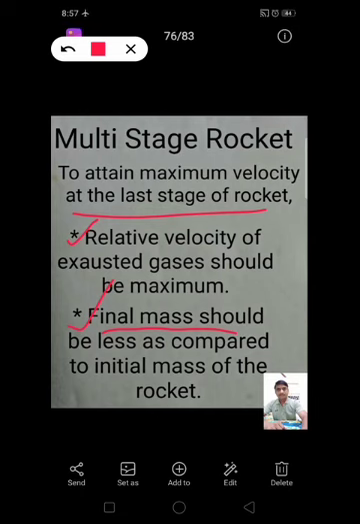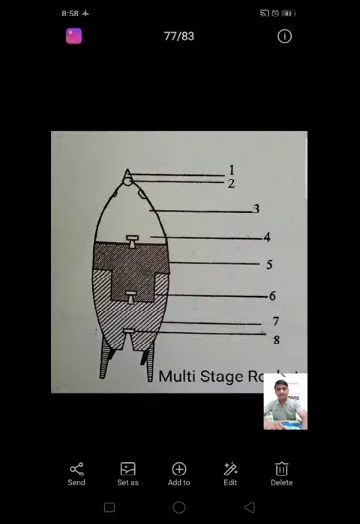That is, the m naught by m value is more. That means the ratio m naught by m should be more. Thus, by following these two conditions, we can make a proper multi-stage rocket to launch a satellite into proper space orbit. So now I am going to show the diagram of the multi-stage rocket on the screen.